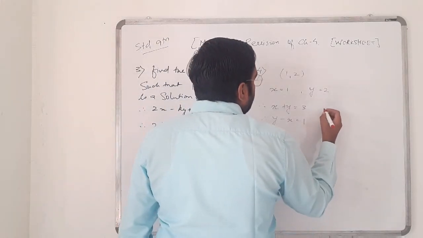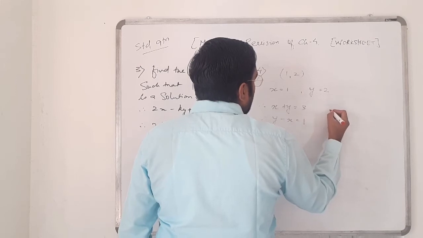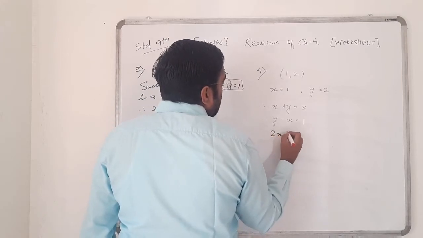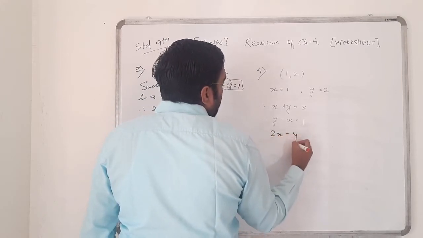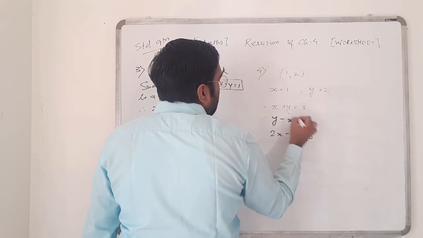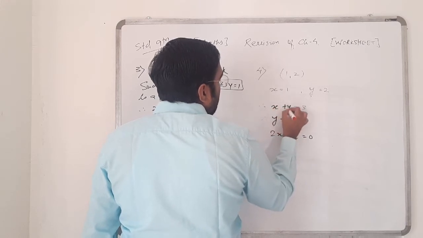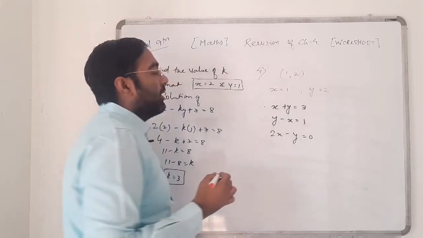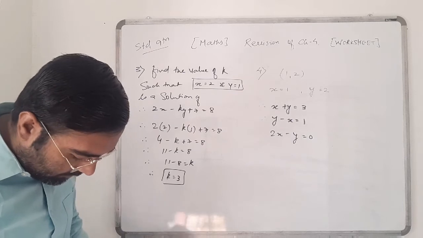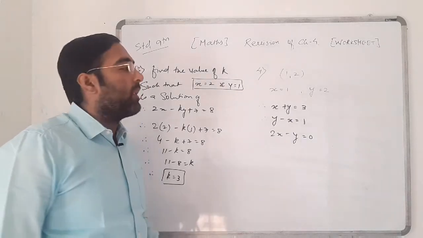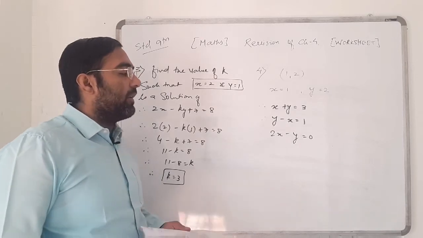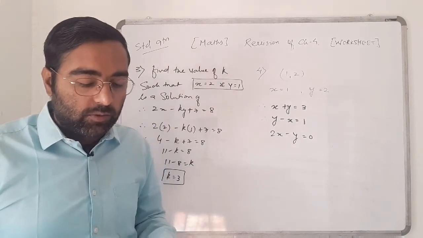Another one is 2x minus y equal to 0. Okay, so this kind of equations are formed. Clear? So x plus y equal to 3, y minus x equal to 1, 2x minus y equal to 0. So this kind of equations you can form.